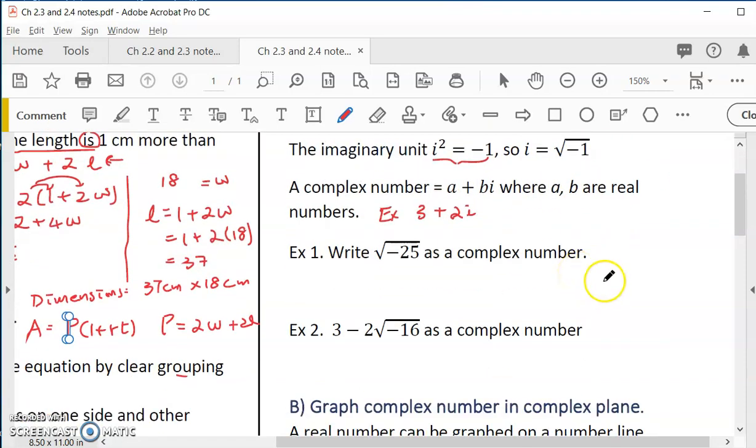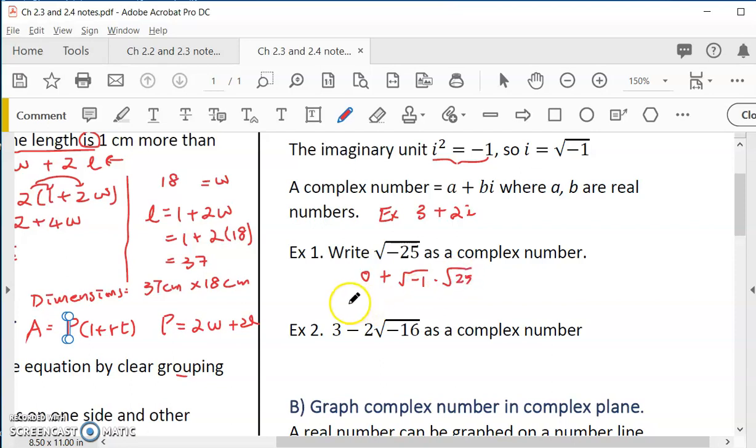So example 1. If I have a number that is the square root of -25, can I write it as a complex number? Now the square root of -25 has no real part, so it'll be 0 plus what? I can write it as the square root of -1 times the square root of 25, right?